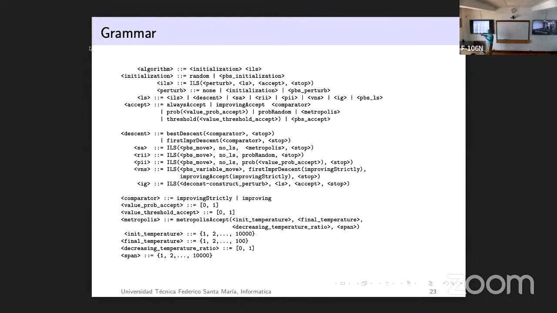If you have a problem-specific initialization, then that is something else. And then you have the local search, and then it's done.